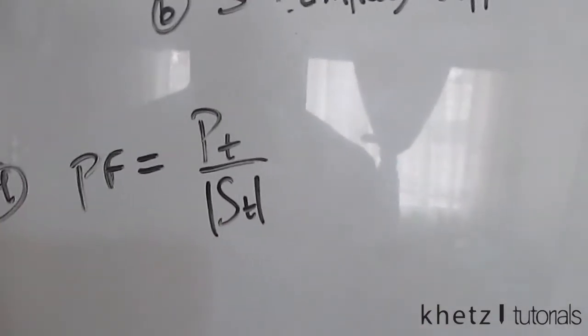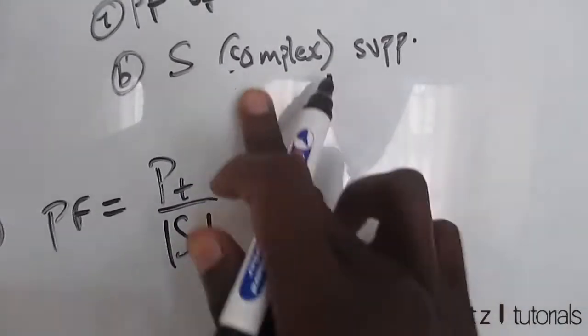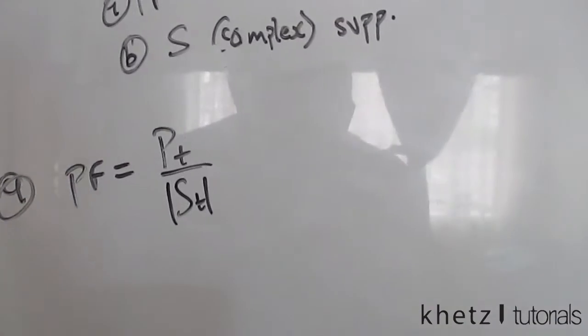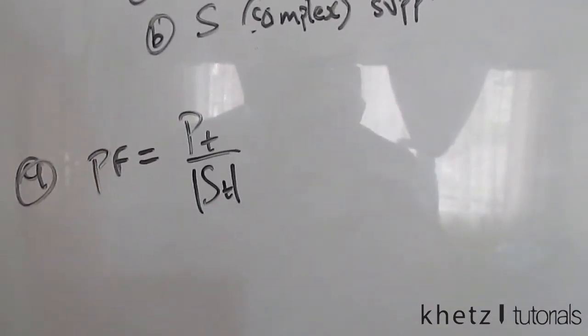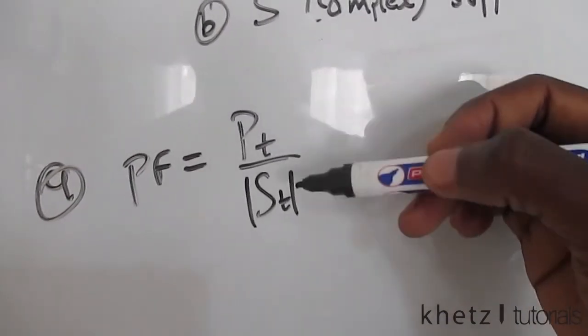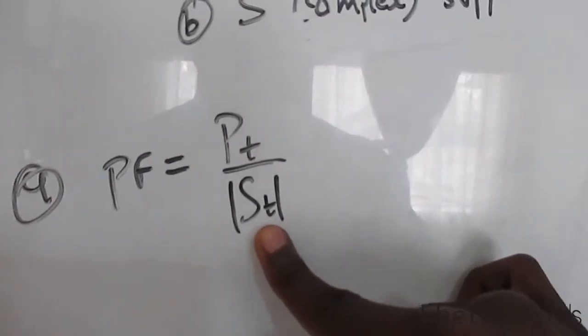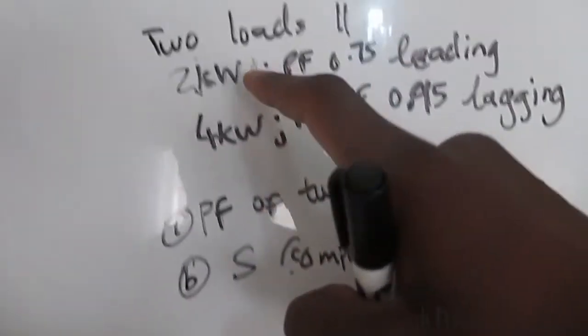So this is what we're aiming for. Let's find the complex powers associated with each of the elements. After finding the complex power for each, we're going to add them up, because we already have the total of the real powers given to us in the question.